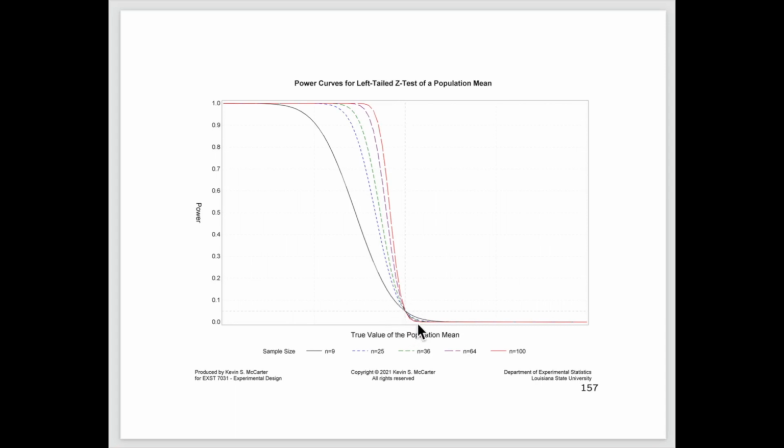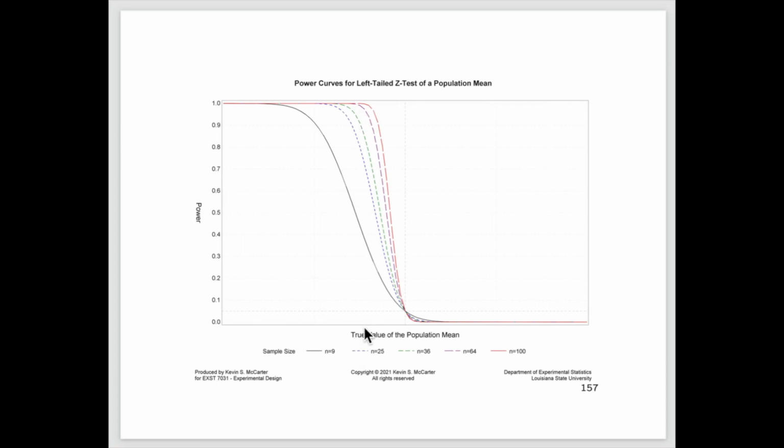And again, the reason is because these tests are done at a 5% significance level. Now, for values of mu to the left of mu naught, but not too far away from mu naught, we don't have too much power for detecting that the null hypothesis is not true. But for values of mu that are further away from mu naught, we see that the power does increase.